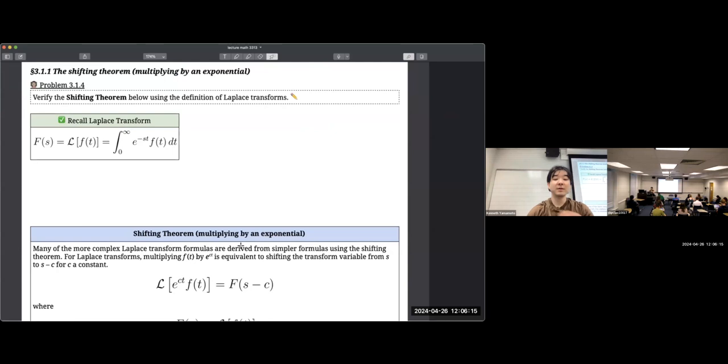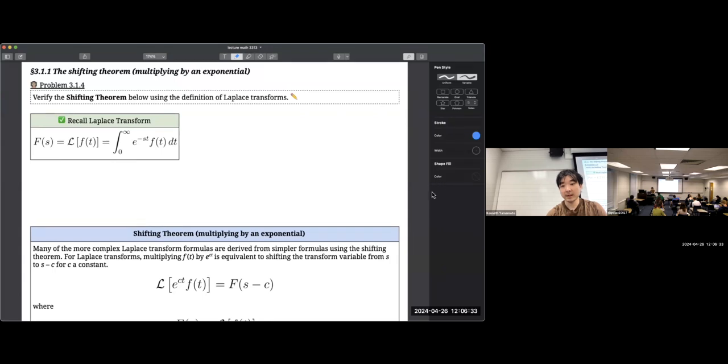There are other Laplace transforms that you can now do using this theorem right here, called the shifting theorem. Suppose you wanted to take the Laplace transform of this.